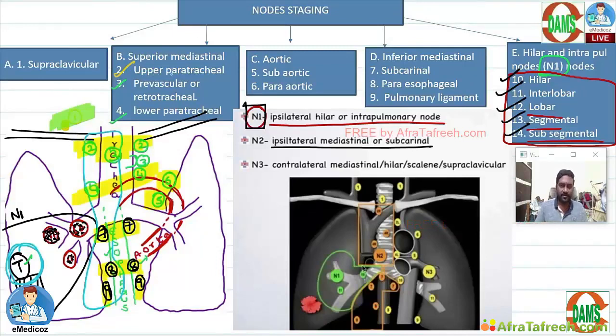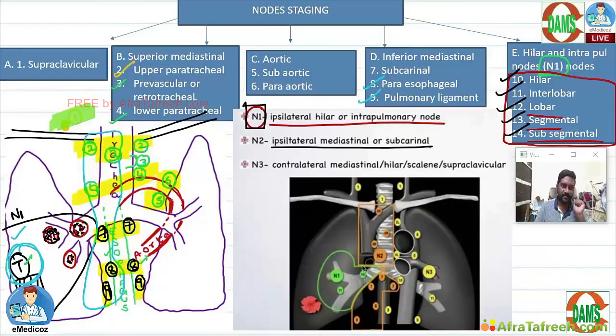It might be involving the same side paratracheal, prevascular or retrotracheal, lower paratracheal, subaortic, para-aortic, subcarinal, paraesophageal, pulmonary ligament. So this is on the right side and the right side nodes are involved within the mediastinum and also the subcarinal area, paraesophageal, pulmonary ligament.